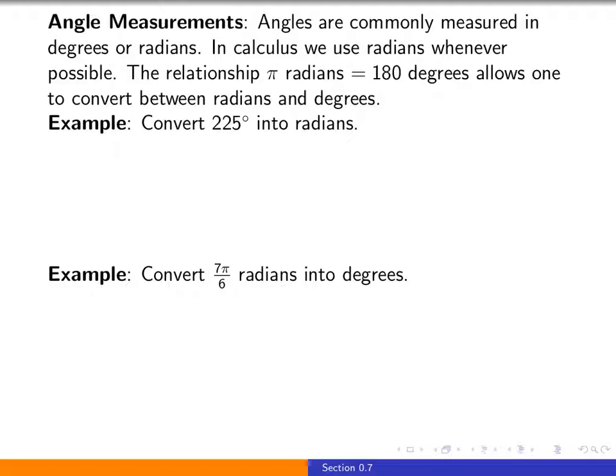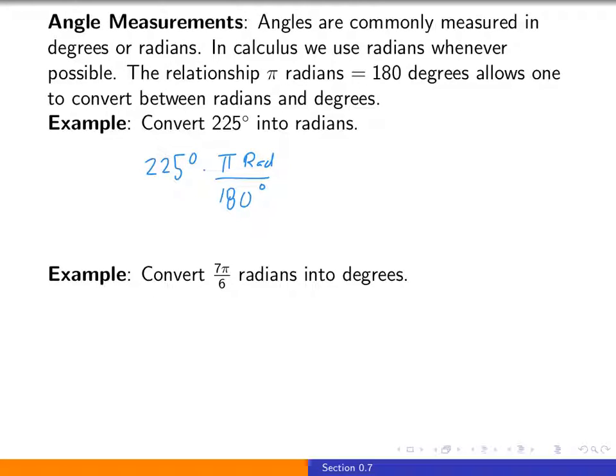degrees. So for example, let's go ahead and convert 225 degrees into radians. So we start off with 225 degrees, and to put it into radians, what we need to do is multiply it by pi radians per 180 degrees.